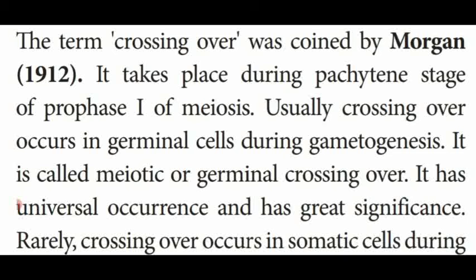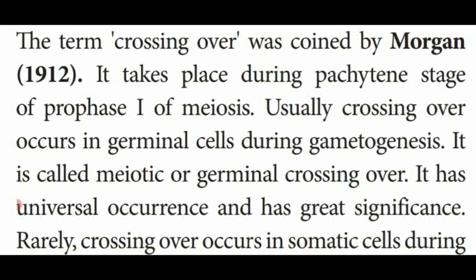This prophase 1 stage of meiosis is again divided into different stages: Leptotene, Zygotene, Pachytene, Diplotene and Diakinesis. In the pachytene stage of prophase 1 of meiosis, the crossing over takes place. This is an important 1-mark question: crossing over takes place in the dash stage, pachytene stage of dash of meiosis, prophase 1 of meiosis.